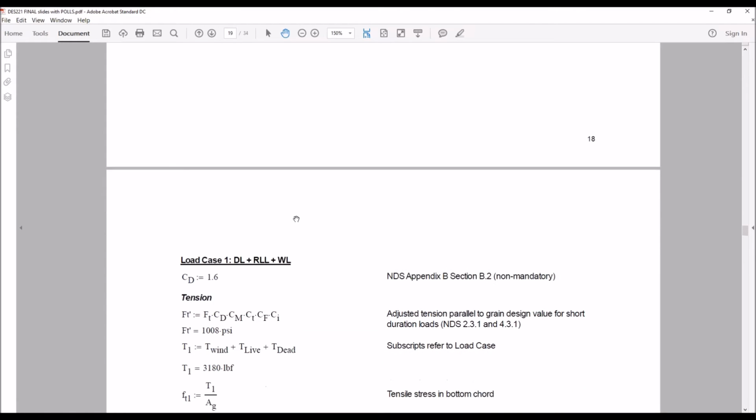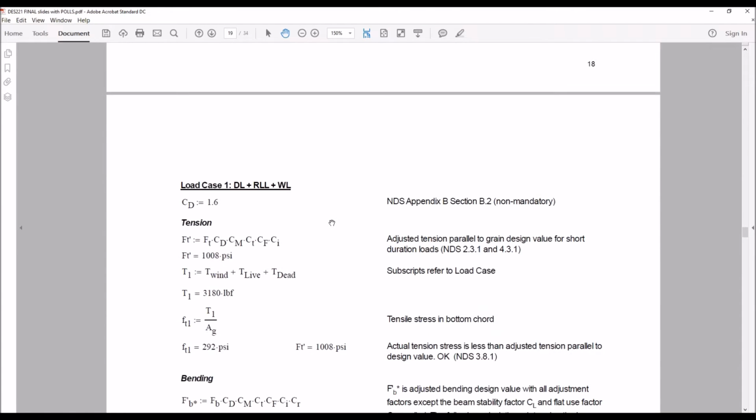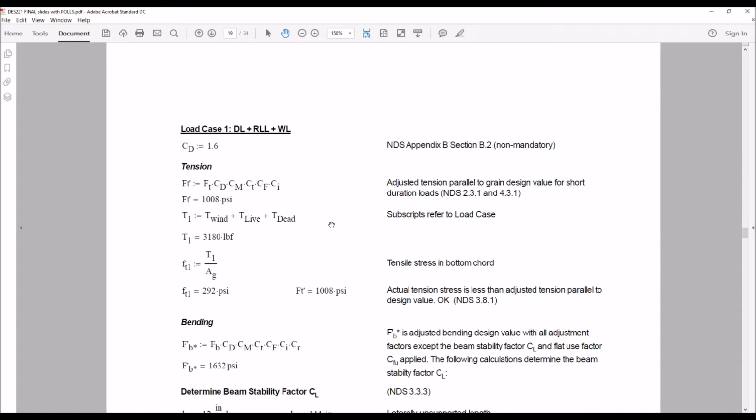So the first load case we're going to look at, the first load combination, is a dead plus roof live load plus wind load combination. And the load duration factor for this load combination would be 1.6, and that's based on that short-term wind loading. So we get that increase based on the short-term loading. We're first calculating our adjusted tension parallel to grain design value.